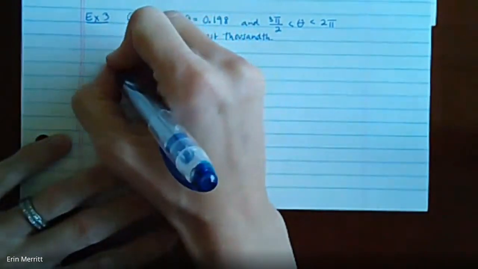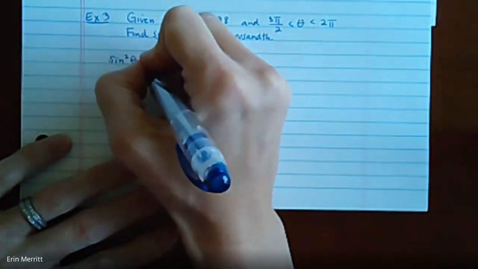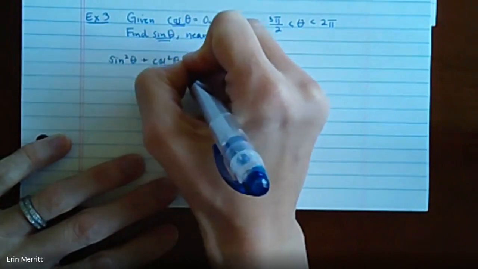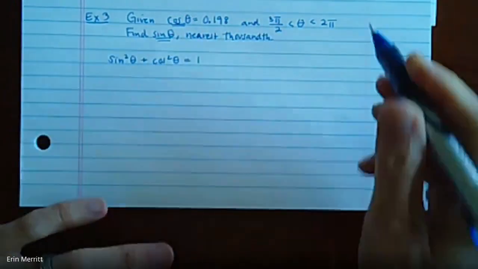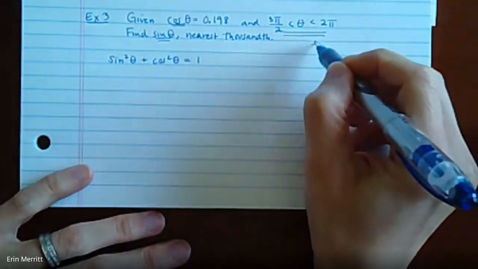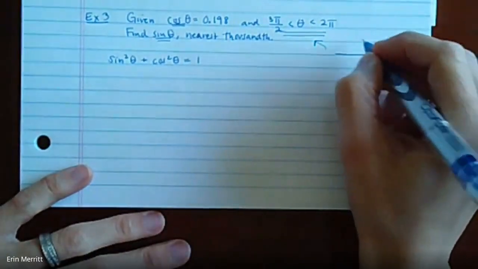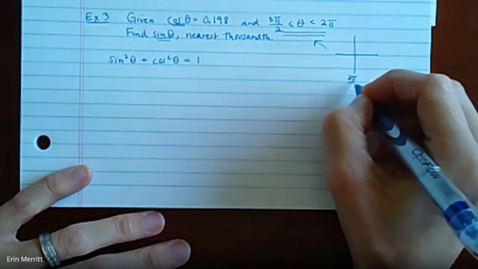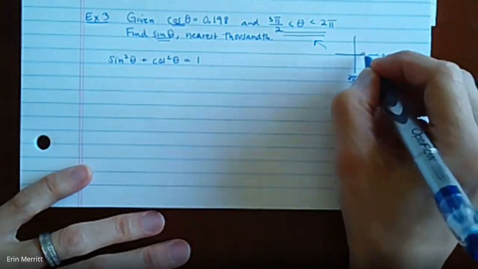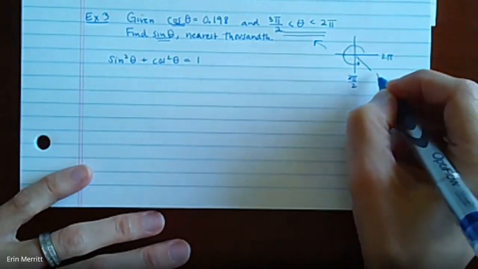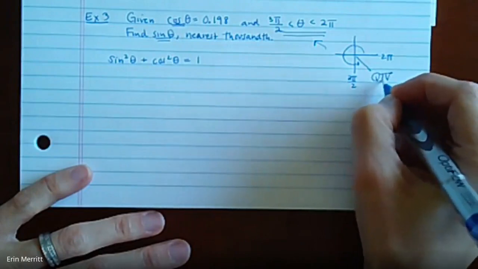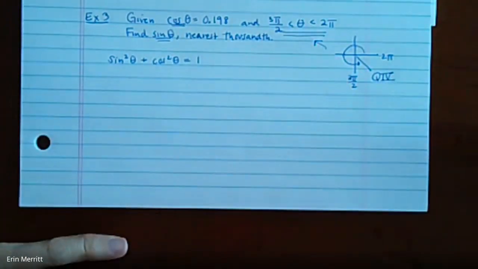So here's the rule. Sine squared plus cosine squared equals 1. This little detail is telling me what quadrant the angle's in. So if the angle's between 3 pi over 2 and 2 pi, it's somewhere over here in quadrant 4.